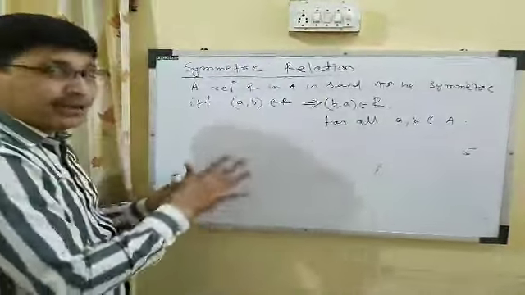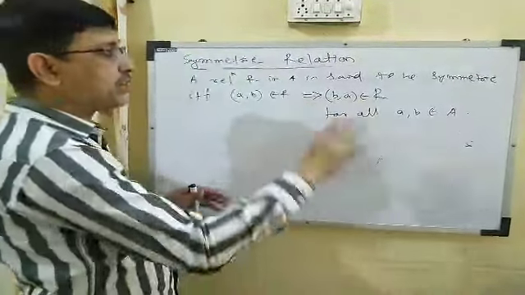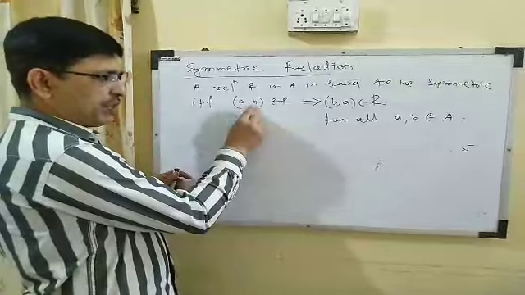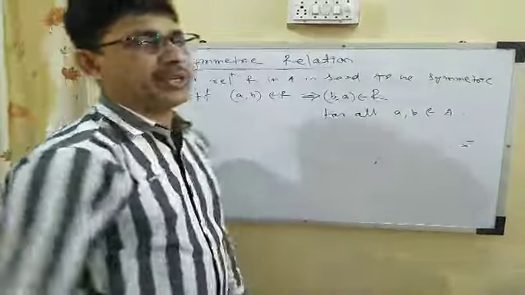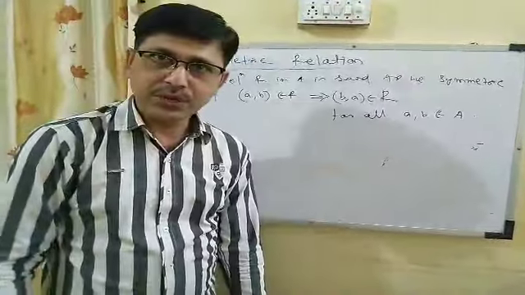If and only if (a, b) belongs to R implies that (b, a) belongs to R. What does it mean? If a is related to b, then b must be related to a.